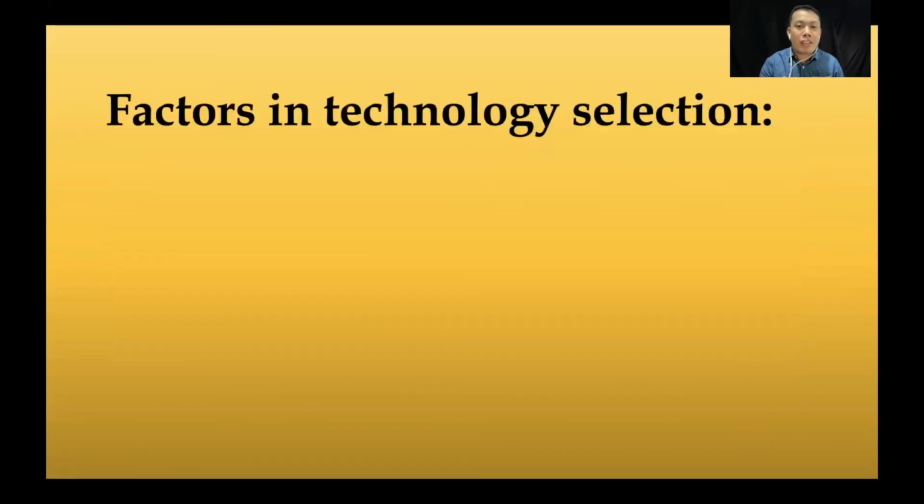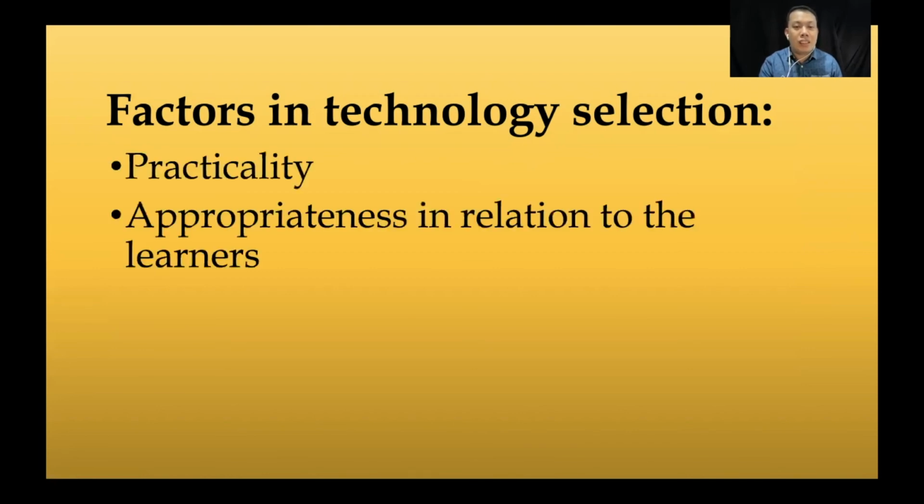So these are the factors in technology selection. For example, you'll be using technology in your class. These are the factors that will aid you in selecting one. One is practicality. So you make sure that it is practical. You will not spend a lot of money in using such. Appropriateness in relation to the learner.